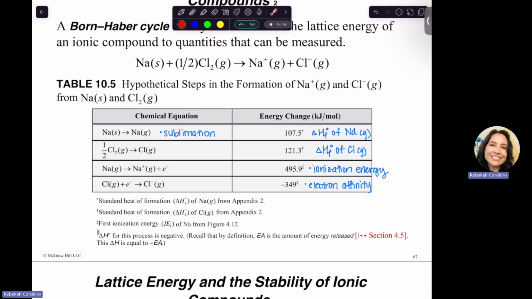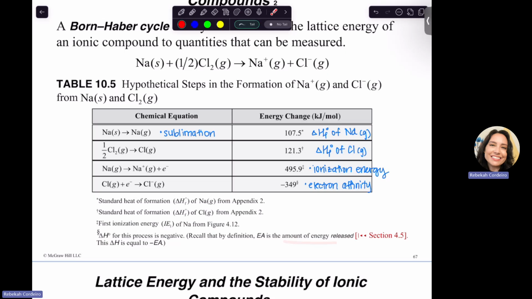So the way that the textbook is doing this, the change in enthalpy for the electron affinity is negative, but by definition, electron affinity is the amount of energy released. And so it's just the amount of energy.